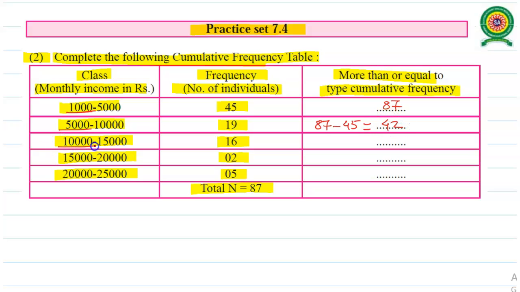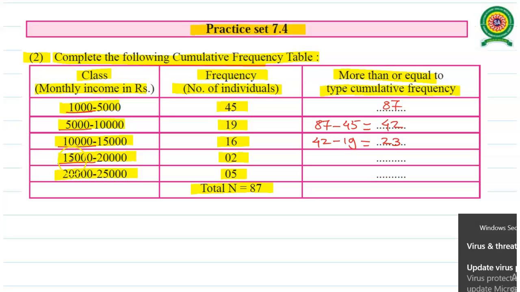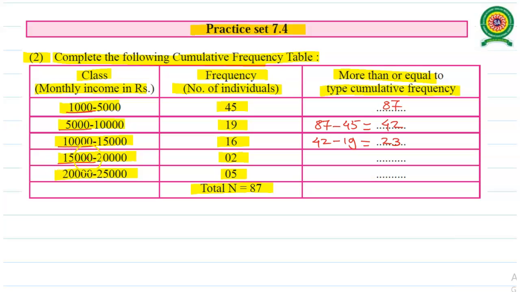Now let us evaluate the number of individuals with a monthly income greater than or equal to 10,000. We have 42 minus 19, which gives 23. For a monthly income greater than or equal to 15,000, again 23 minus 16 gives 7.